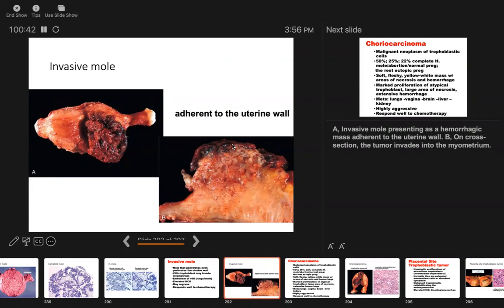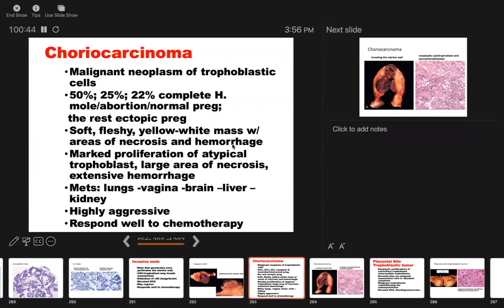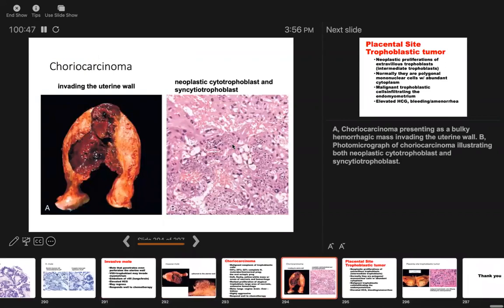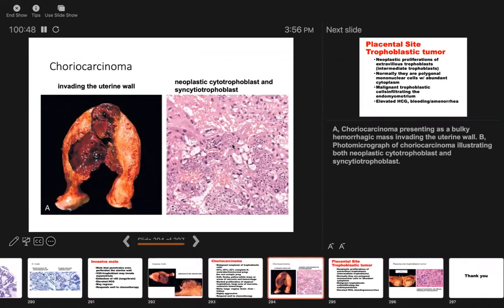Choriocarcinoma often presents as a hemorrhagic mass. It invades the uterine wall. It is actually a malignant tumor, as you can see here, with full thickness invasion. Choriocarcinoma will not give you villi, it will give you trophoblast. The manifestation would be irregular vaginal spotting, brownish discharge. The bad thing about chorio is that widespread metastasis is characteristic.